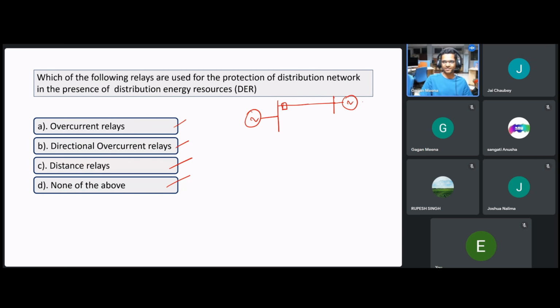Because we saw that, which you asked one question, right? For that blinding protection. We have a fault here, and we have a generator here. So what will happen?